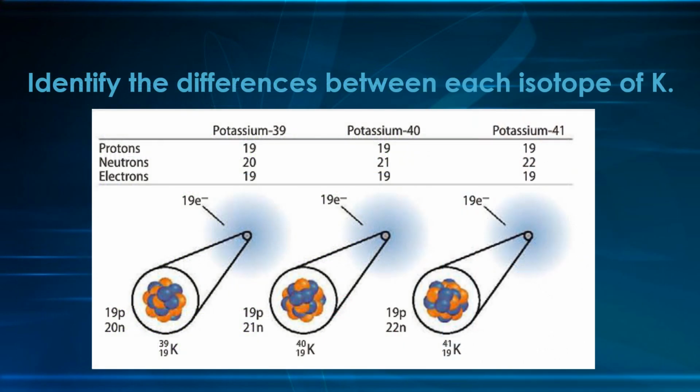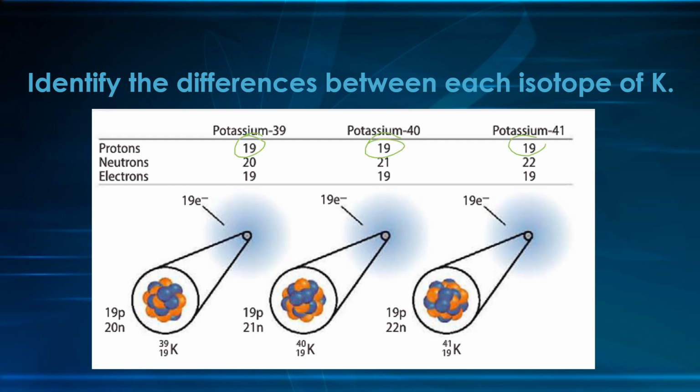A quick analysis of the 3 pictures below, and you can identify the differences between each isotope of the letter K, or element K, which is potassium. Take a quick look and analyze. Take a look at the number of protons for potassium-39, potassium-40, and potassium-41. All 3 of these atoms have 19 protons.